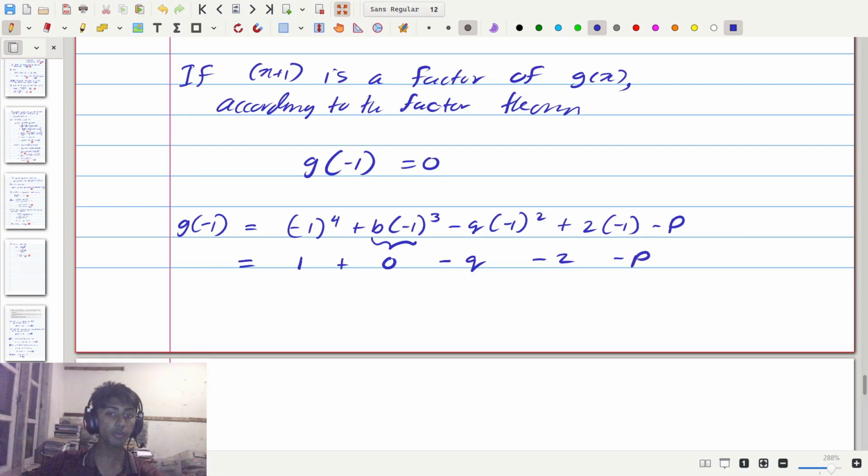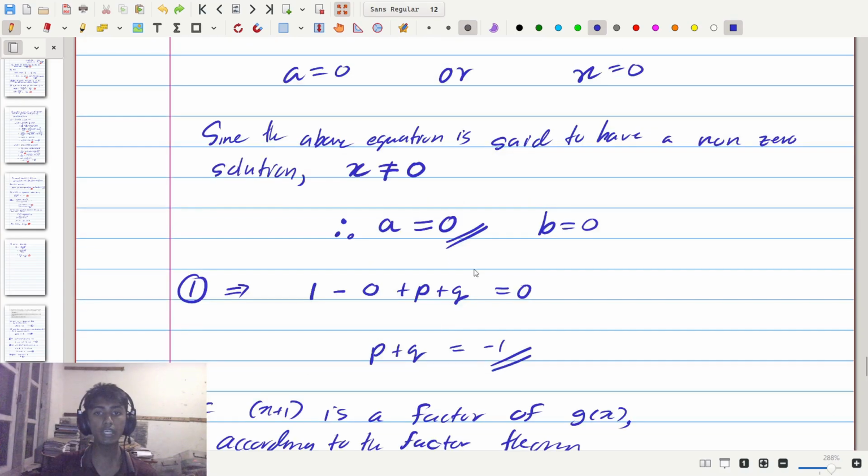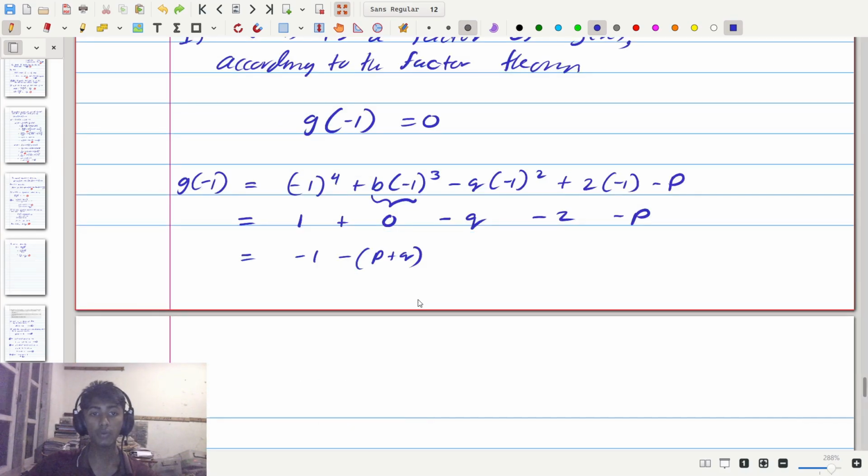Now considering what we have here, we have 1 minus 2 minus q minus p, and this can be taken to one term as minus 1 minus p plus q, and p plus q is known to be equal to minus 1 from up here. So if we substitute that in as well, we can see we have minus 1 minus negative 1, which is equal to 0, and hence g of negative 1 is equal to 0.